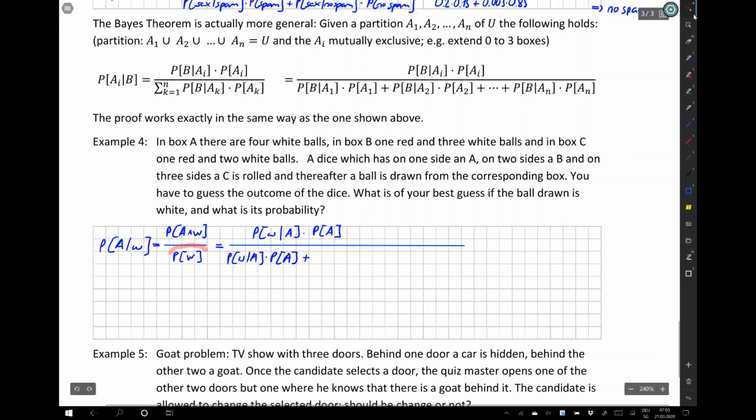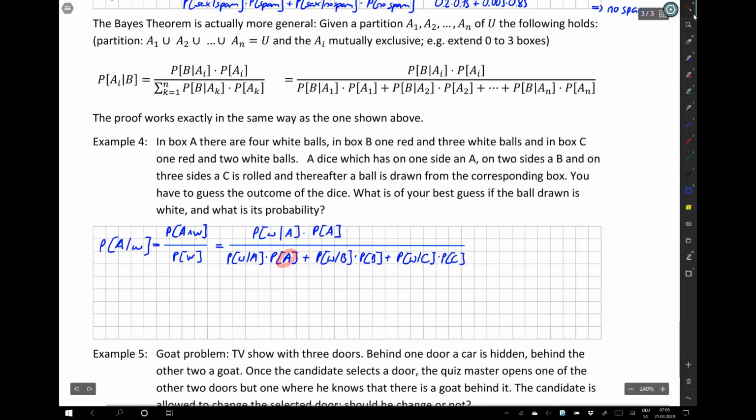And the probability of white consists of the probability of A and white, which I can write in this way, plus the probability of B and white, which I can write as probability of white given B times probability of B, plus the probability of C and white, which I can write as probability of white given C times probability of C. So you see that this is just a generalization of the original way we wrote down the Bayes theorem.